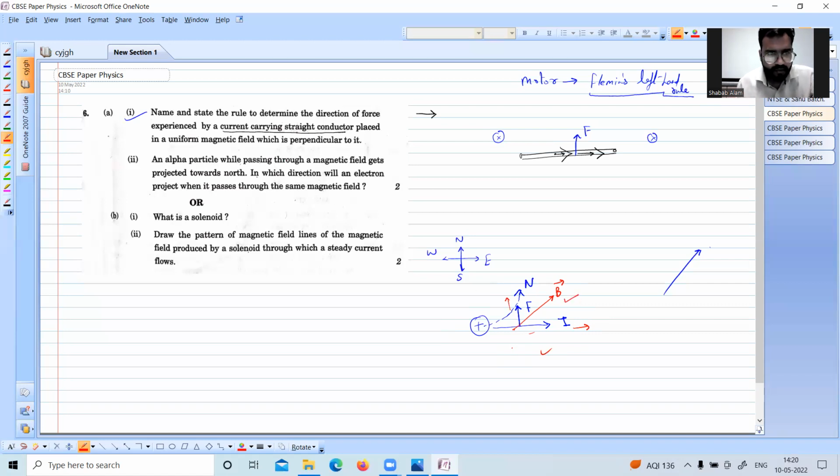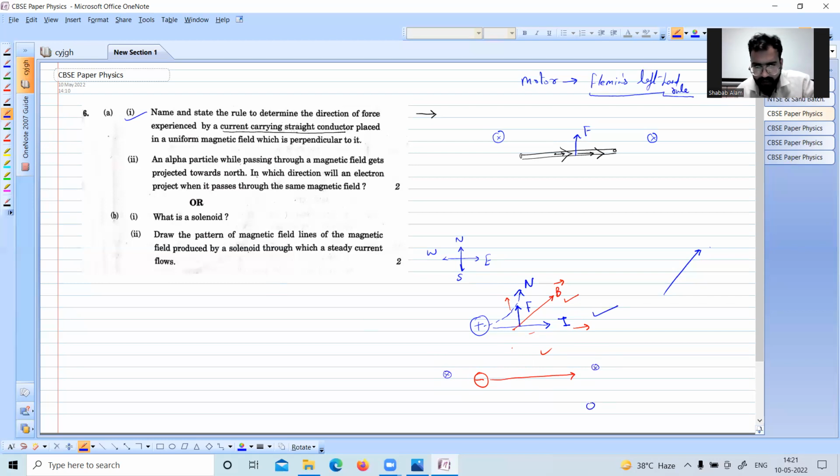Now let us see the other part of the question. In which direction will an electron project when it passes through the same magnetic field? Okay, so if the electrons are projected, then in the same magnetic field which we have seen in this situation, which is going inside the plane, I draw it this way.